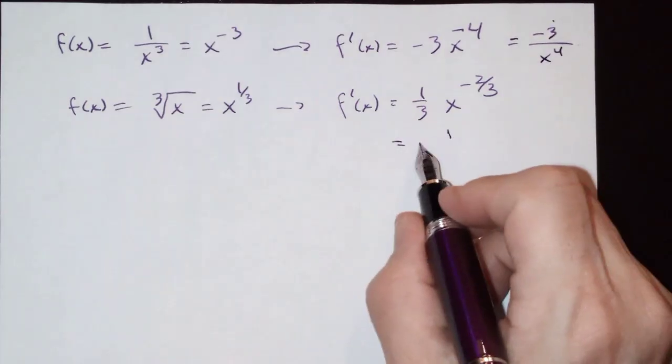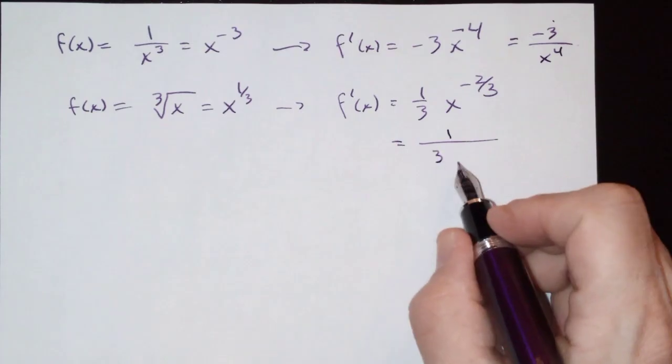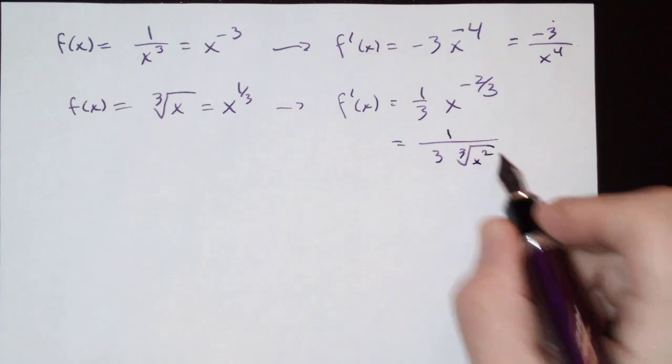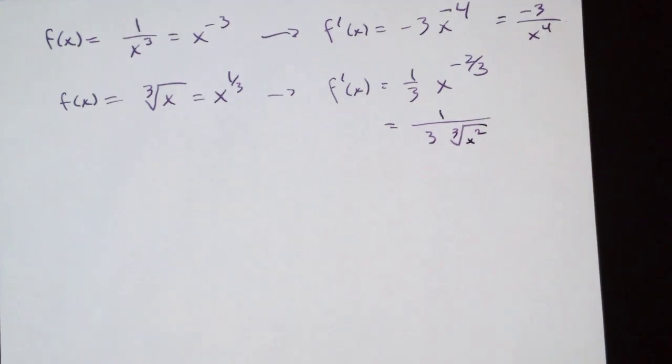And this would get written as 1 over, well, this goes in the bottom, and x to the 2/3, the third is a cube root of x squared. So I don't care, but the textbook and most online sources are actually going to give it to you in those formats. You're welcome. More questions?